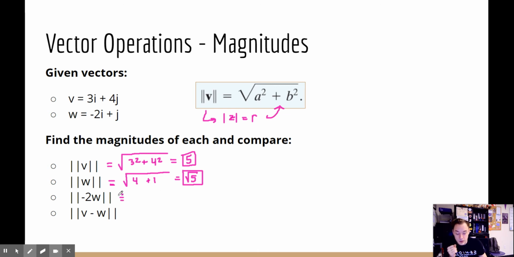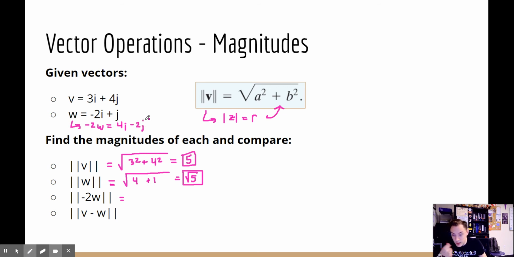Now, negative 2w. Remember when we did positive 2w. So I'm going to first find negative 2w. So let's just do it down here. When I multiply negative 2 to everything, that's going to be positive 4i and then minus 2j.